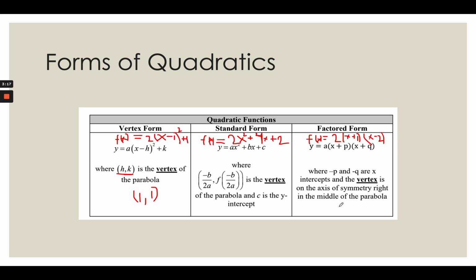Okay, so P and Q are x-intercepts, and the vertex is on the axis of symmetry right in the middle of the parabola. That might have some words that you don't understand yet, but on the next slide you will. But the main thing is you should be able to identify something as being vertex form, standard form, or factored form. Then you need to know how to graph each form.